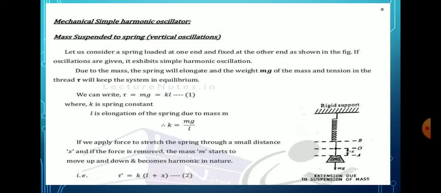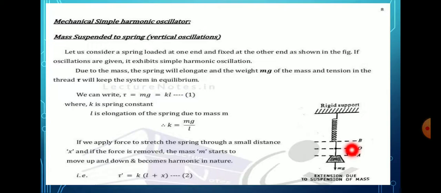The equilibrium level of the spring under the load mg is indicated by the position O. Any displacement upward from this mean position is positive, and below the mean position is negative.